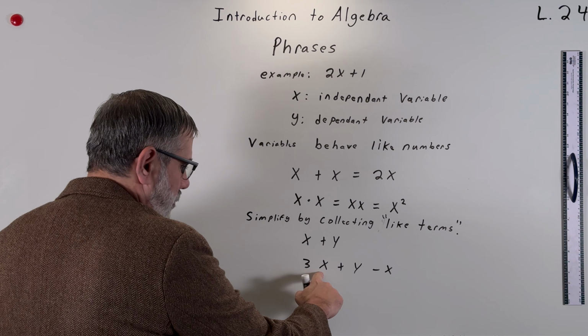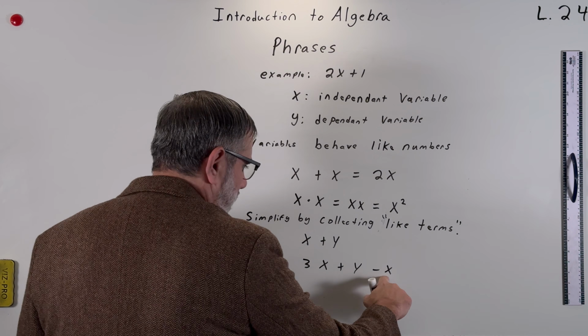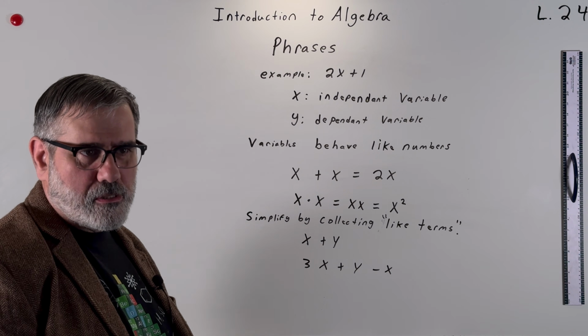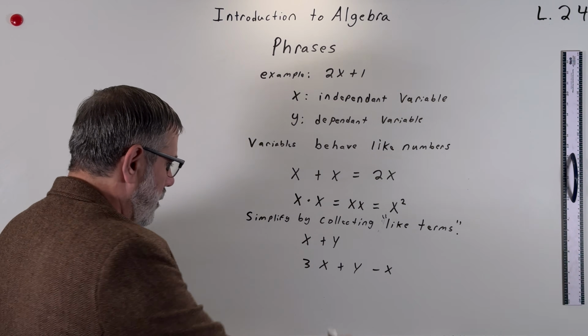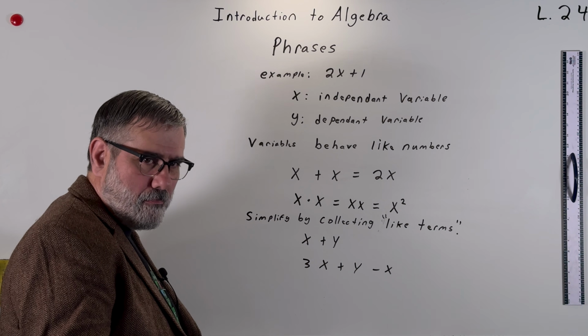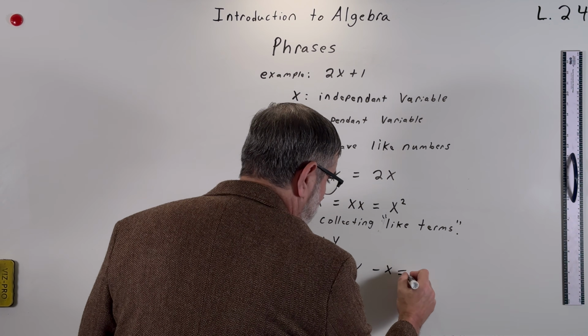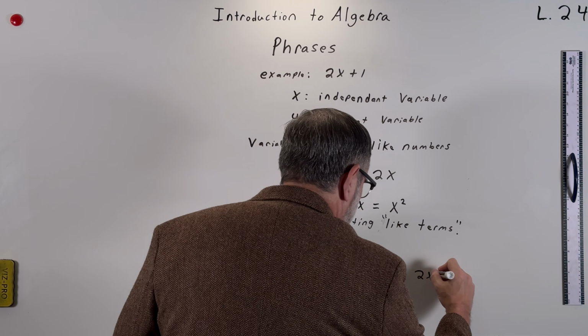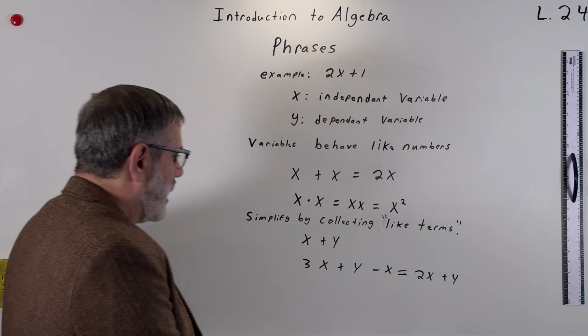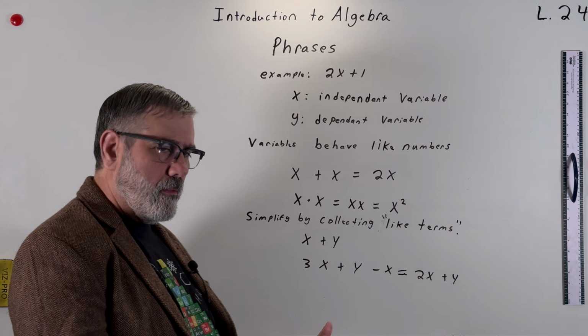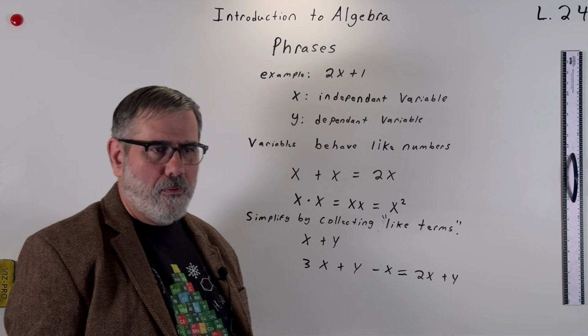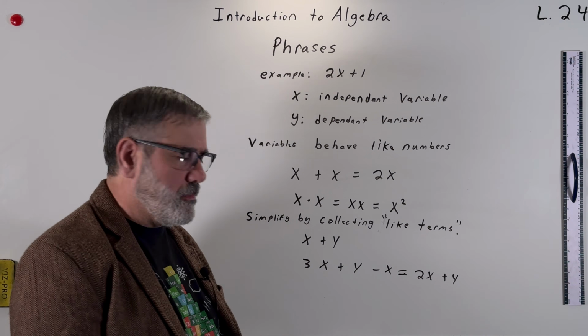Because here's 3 x's, or apples, and then at the end of the expression I have another x to be subtracted. So 3 apples minus 1 apple is 2 apples. So I can rewrite this expression, or simplify it, as 2x plus y. And so that's what we mean by collecting like terms. We bring them together and we simplify them by adding, subtracting, multiplying, dividing, whatever needs to be done.